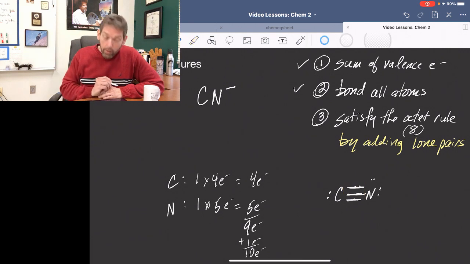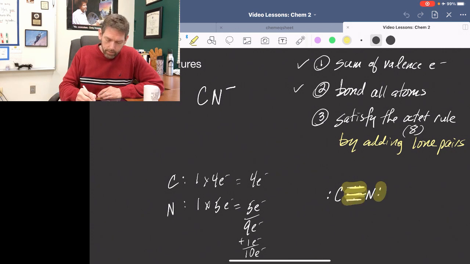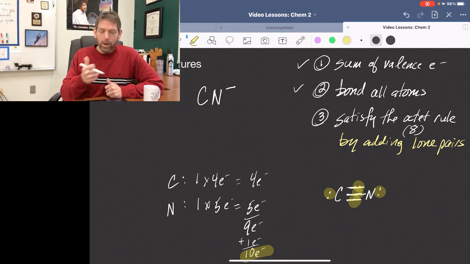If I erase this right here, I've got 2, 4, 6, 8 around the nitrogen. Now let's recount. 2, 4, 6, 8, 10. And that's the 10 that we need. We got this, we're good.